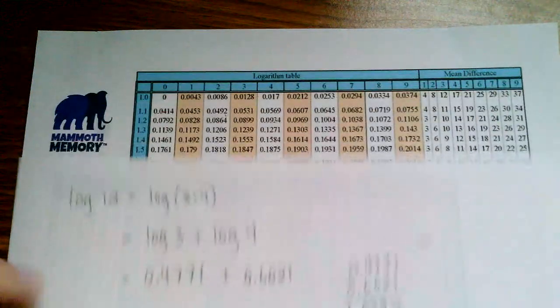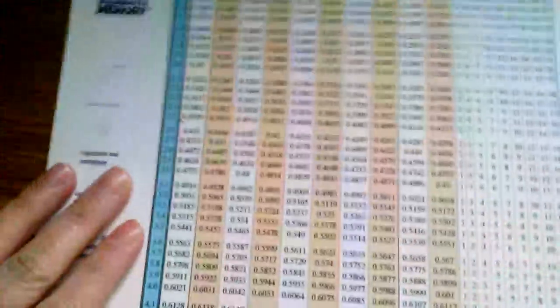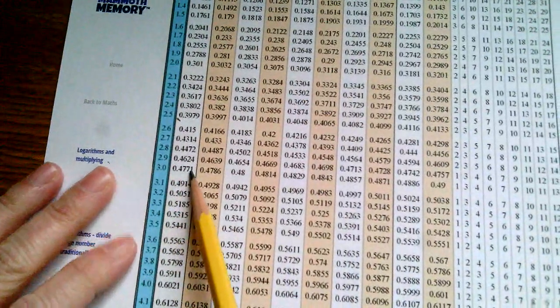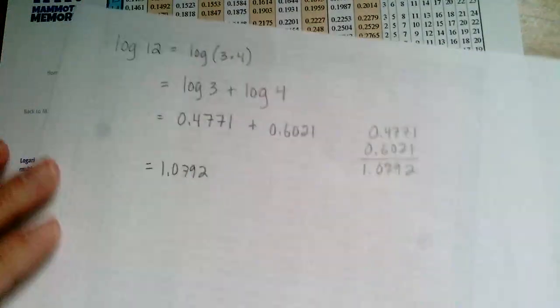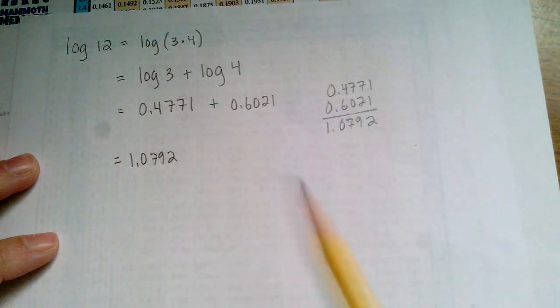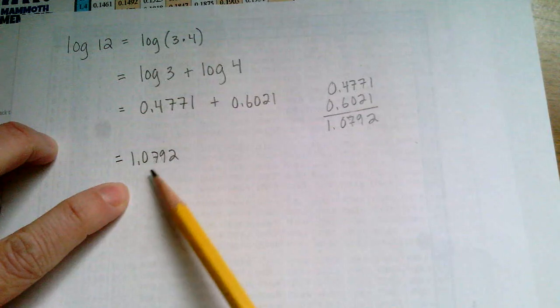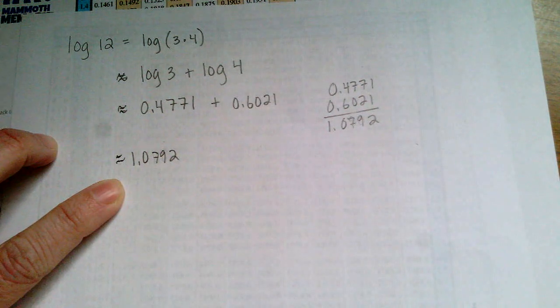Then looking at your table, the log of 3 is way down here. It would be 0.4771, and the log of 4 would be 0.6021. So then you would plug those in, and then you would do the manual calculations to find that the log of 12 is about, all of these should have approximate signs, I'm being picky, 1.0792.